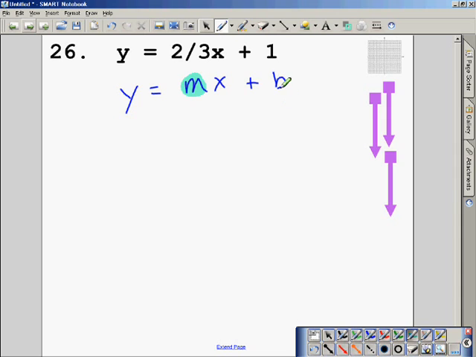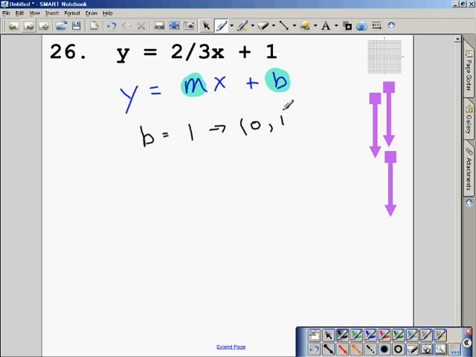Now, some kids are struggling with this being the y-intercept. I don't know why it's b, but it is. So when we identify these things, we can identify the y-intercept, or b, that's equal to a +1. Which could be written as the ordered pair when x is 0, y is 1.